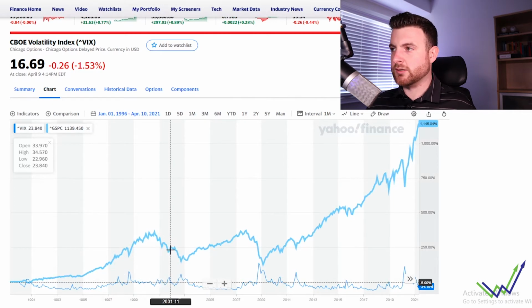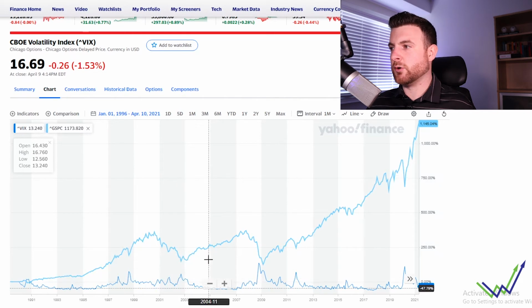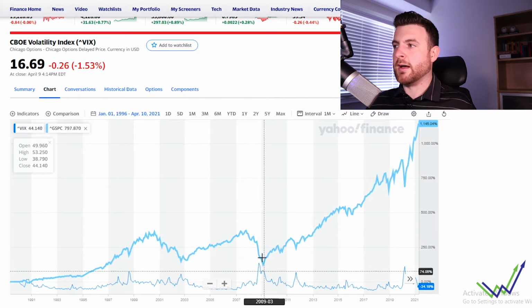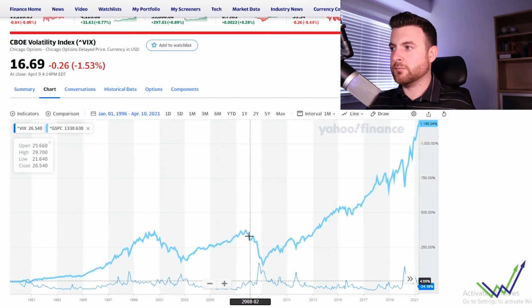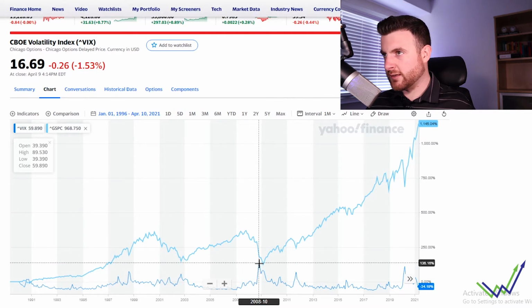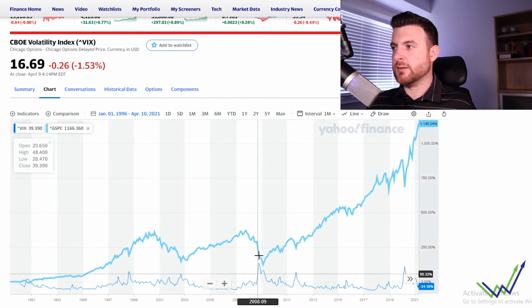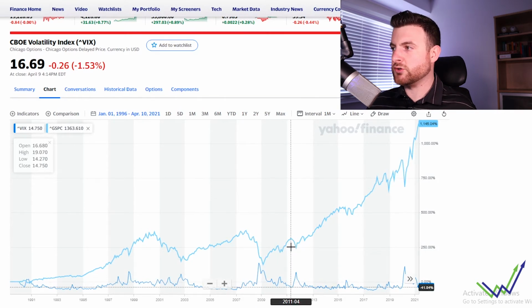We're also seeing that major dip that happens in the S&P, followed all the way around. Again in 2008-09, after the crash, we see a huge spike in VIX. It gets all the way up to, I'm not sure what that is, but probably around 60 here. And you see the massive drop in the S&P, obviously, after the financial crisis.